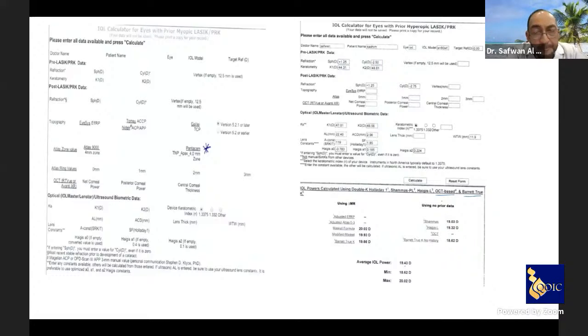And I have a patient with plus or minus 0.5, considering the information submitted in this formula. We are trying to get more information. The more information we put in these formulas or these pages, the better the result we get.